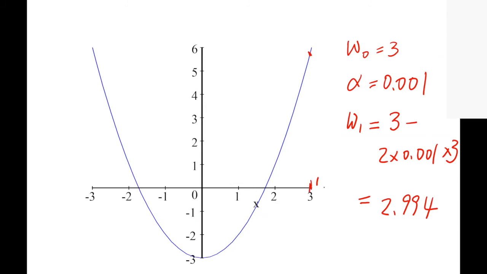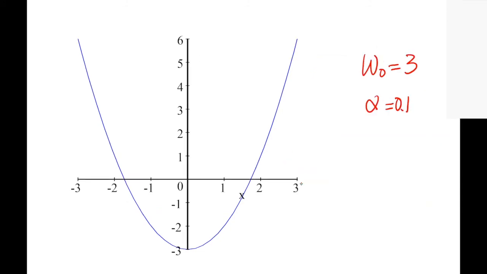So this is W0, and it just moves very tiny. Really, it's a really tiny left move. This is on the cost curve, and this is in the parameter space, the W space. You go left only a little.